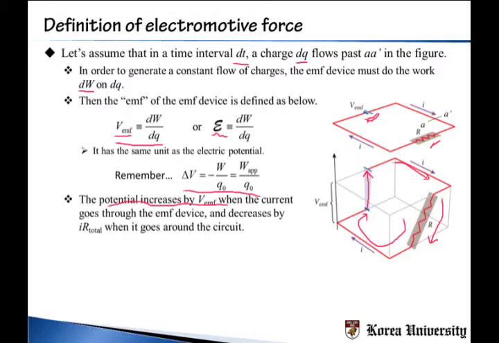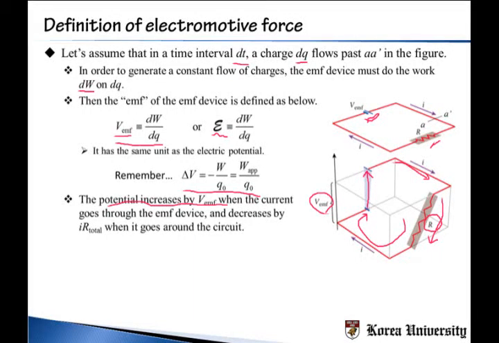How much will it go down? Of course it will go down by IR, or if there are many resistors, then it will go down by I multiplied by the total resistance, and in fact in this case it's going as a circle, so therefore V_EMF in this case must be equal to the current multiplied by the resistance.